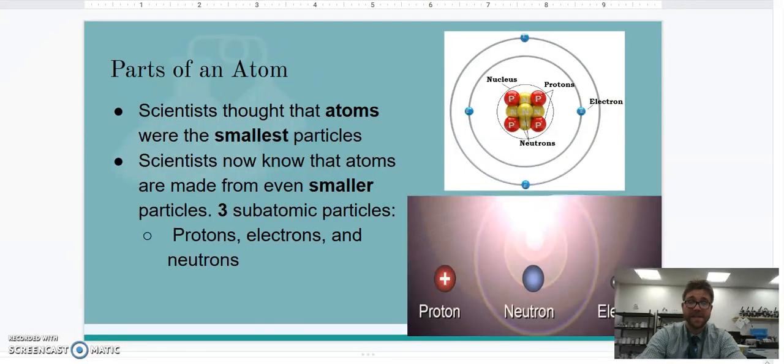Atoms were thought to be the smallest thing for the longest time, but we now know we have three subatomic particles. Subatomic means smaller than an atom. Sub means below, atomic means atom. So we have three things below an atom. We have protons, electrons, and neutrons.